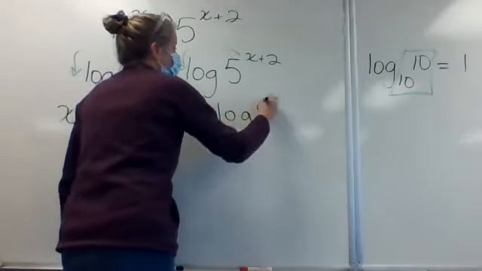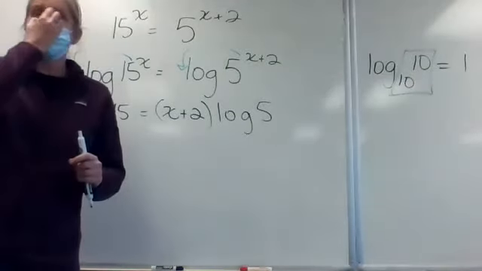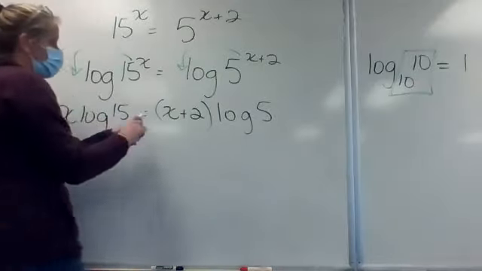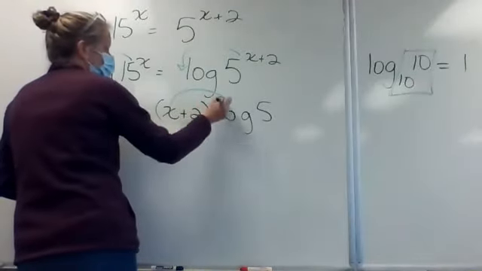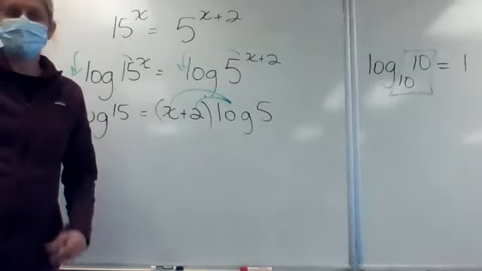log 5. So this x and the 2, I'm going to distribute over there now, which is why this one's not going to end up being 0, because if I distribute this, one of the terms is not going to have an x in it, right?